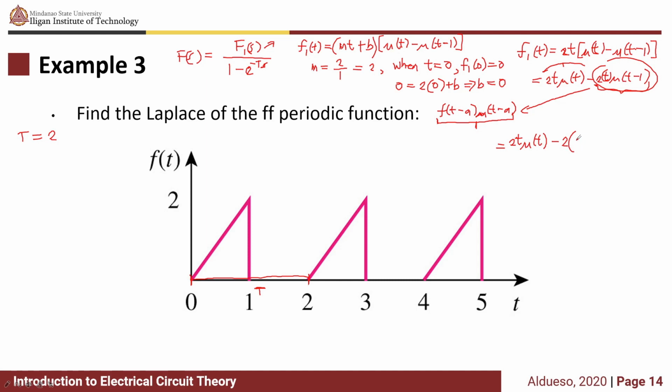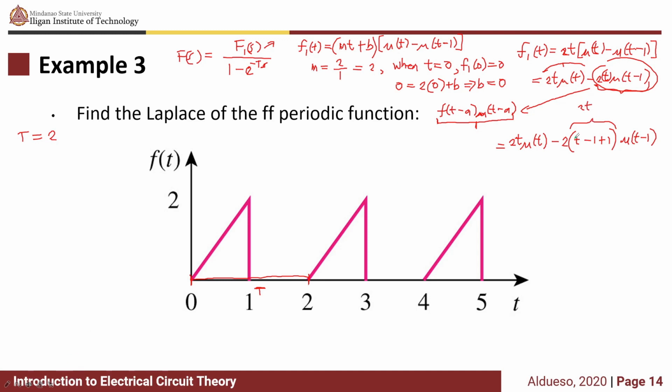So this becomes t minus 1 plus 1, u of t minus 1. So this expression right here, even though if you look at them they are not the same, they are just equal. If you simplify this equation, this becomes 2t.